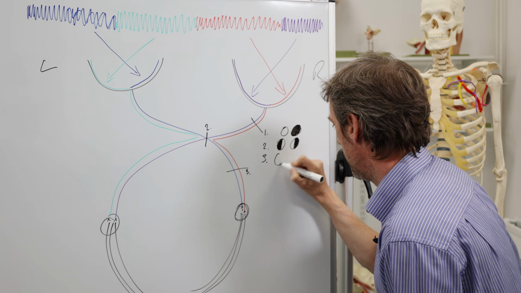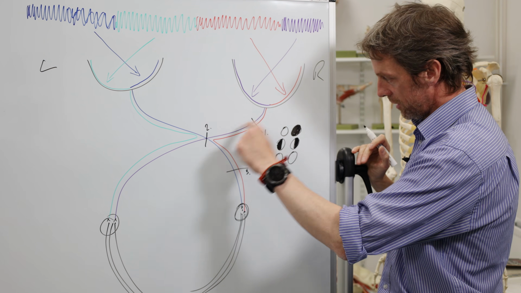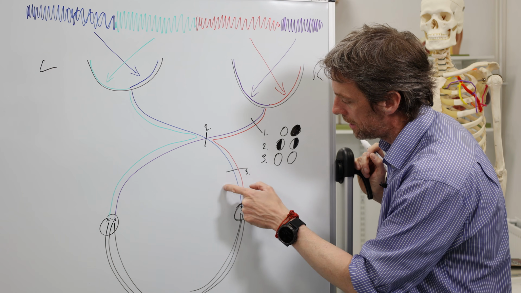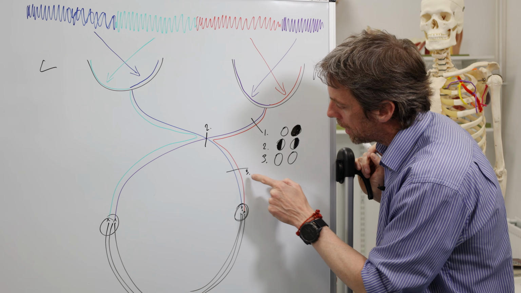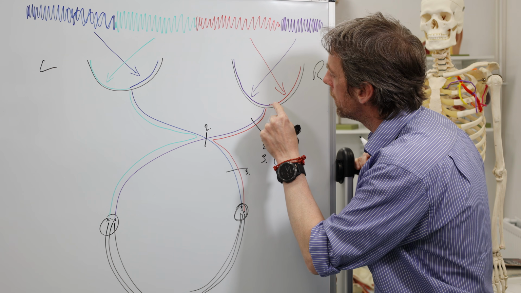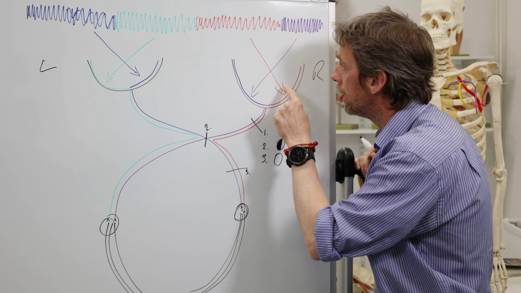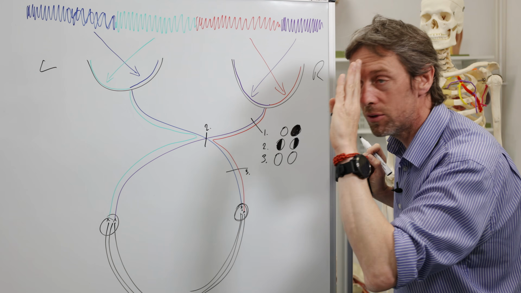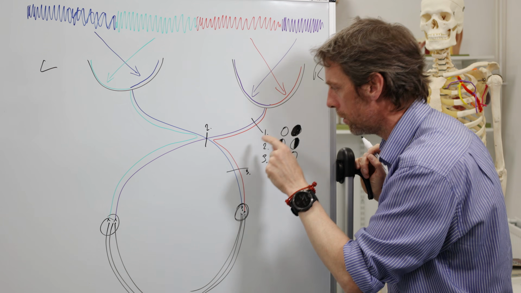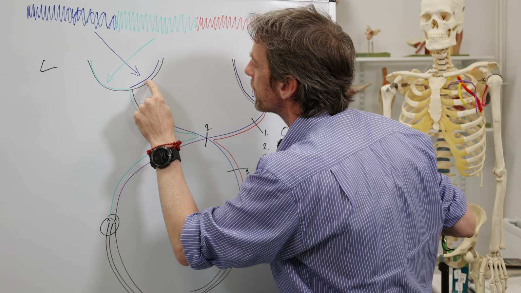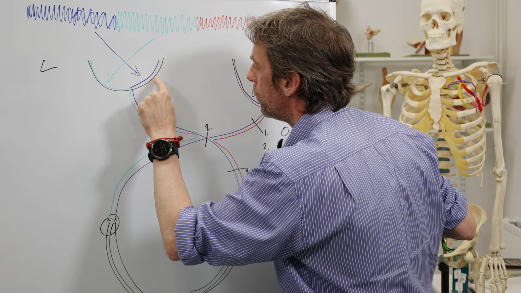So, assuming these things are all intact, if the visual tract was injured, we would lose, okay, where does the red line go? We would lose that part of the retina. So we'd lose this right nasal field of view. And where does the blue one come from? Blue one comes from the medial part of the retina.